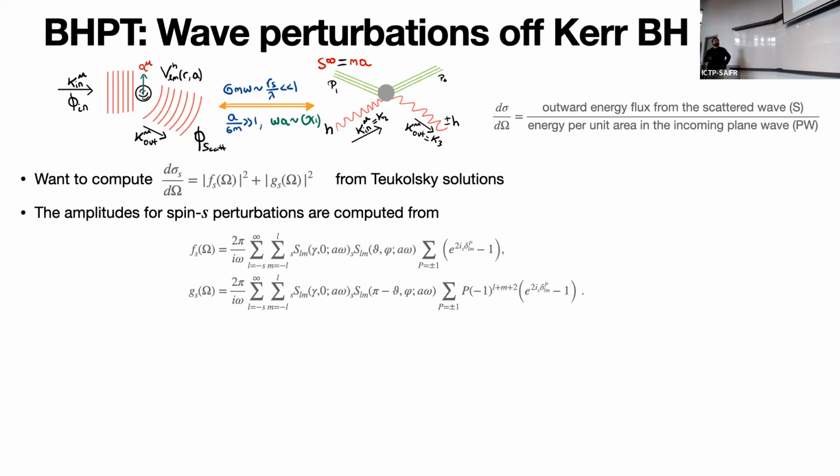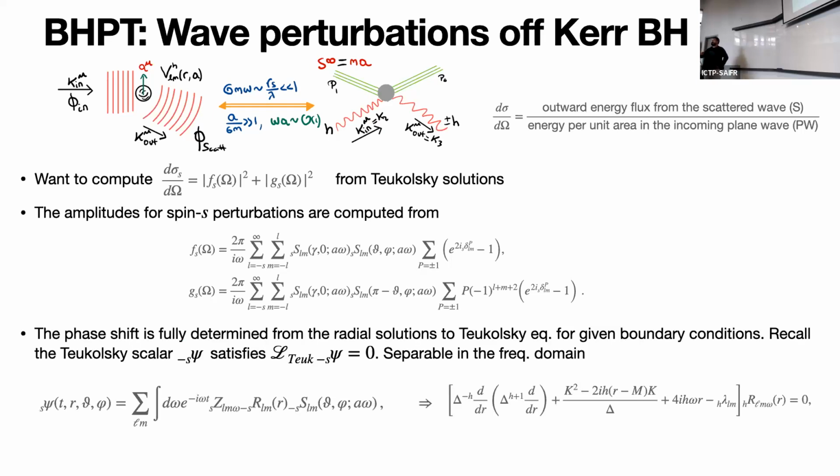And the way of finding these two contributions is by solving the Teukolsky equation. So the Teukolsky equation basically tells you that this couple of amplitudes, you can write them as a sum of spin-weighted spheroidal harmonics times a factor which is a phase shift. And this phase shift you can fully solve by solving the radial Teukolsky equation.